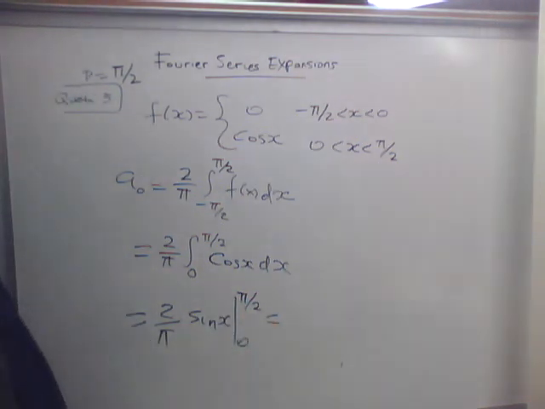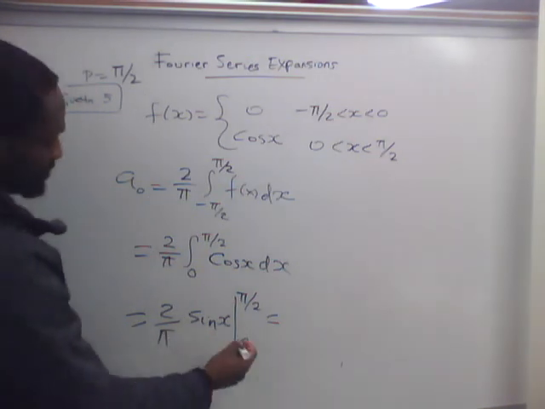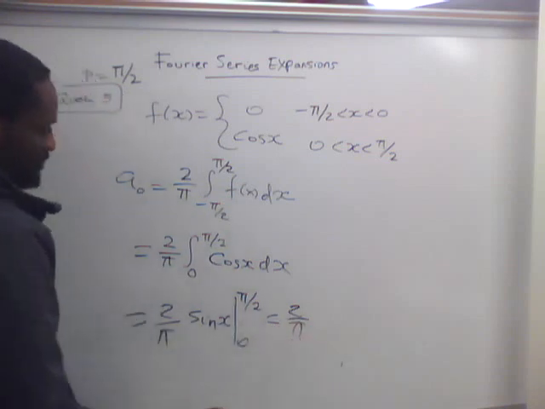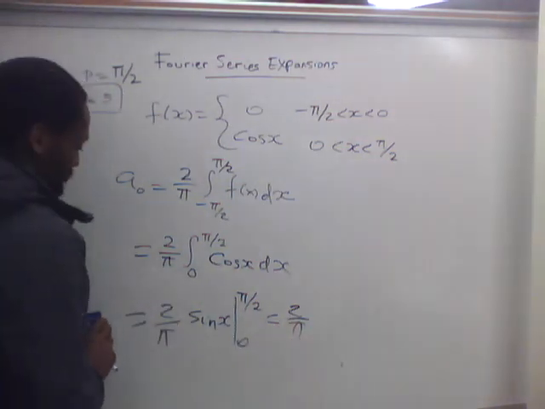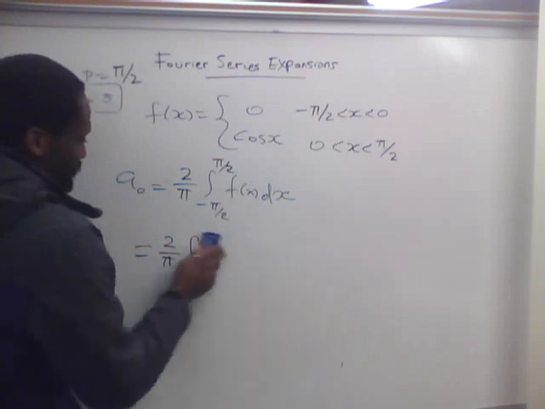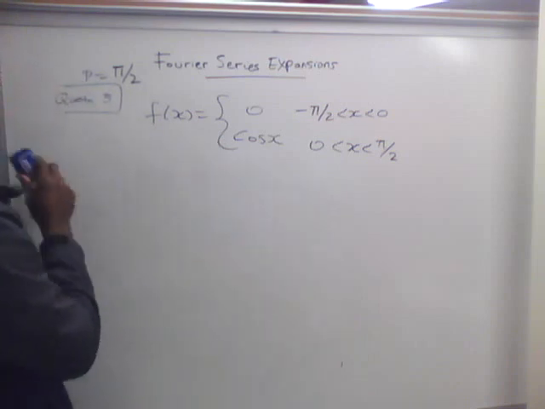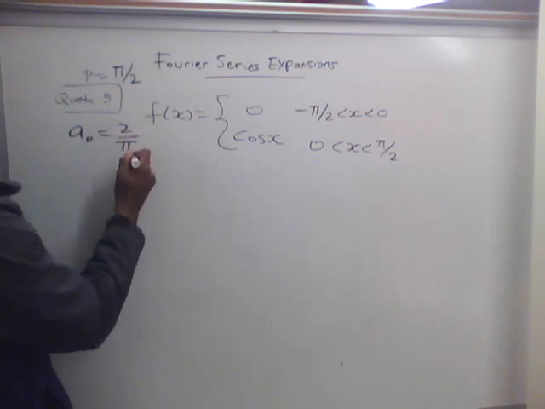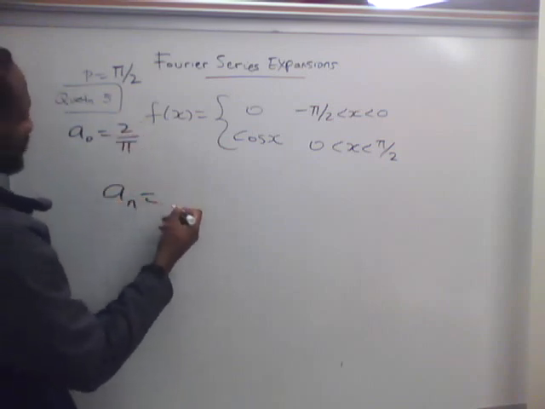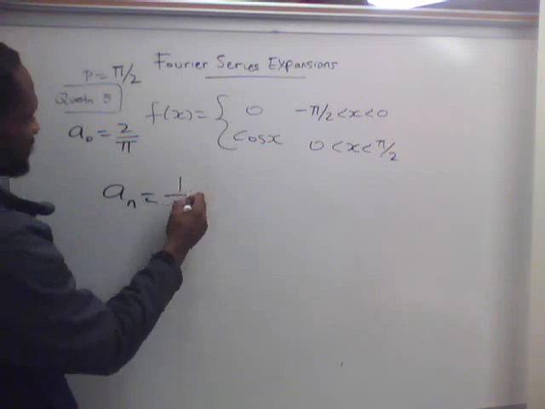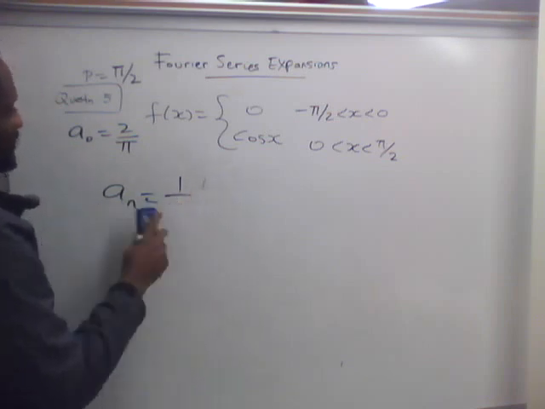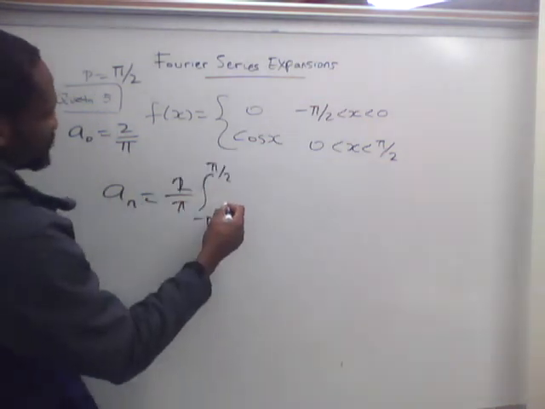Sine of pi over 2 is 1, sine of 0 is 0, so I have 2 over pi. That's my first coefficient. Now try that for the other coefficients, same form. I don't need to rewrite that anymore because you guys know how it works.